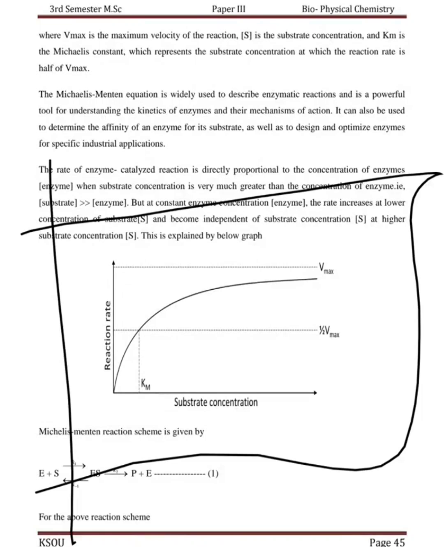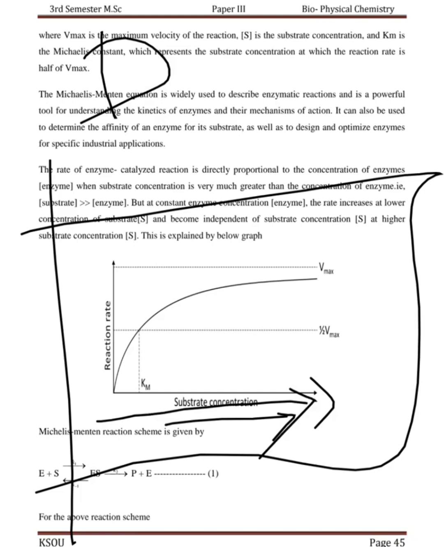Here in the x-axis we have taken the substrate. Substrate is nothing but the molecule which is reacting with the protein, or with the enzyme. As the concentration of the substrate is increased, the rate of reaction also will increase.